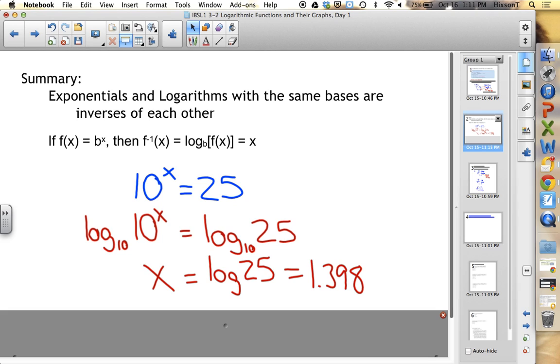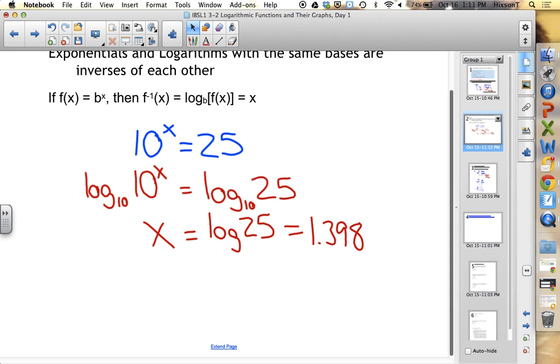So 25 is between 10 and 100, so we know that our answer needs to be between 1 and 2. It's really easy to punch a wrong button or to punch something incorrectly. Think about what your answer ought to be before you just go punching away, and make sure that what comes out of the calculator at the end makes sense.